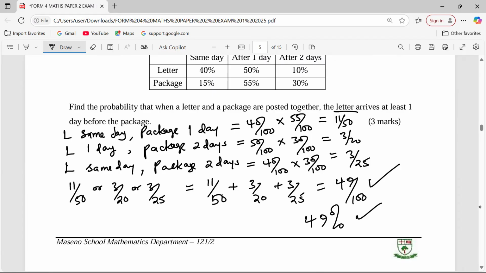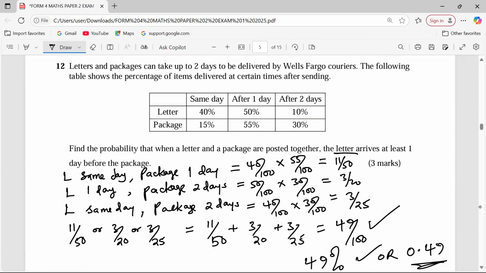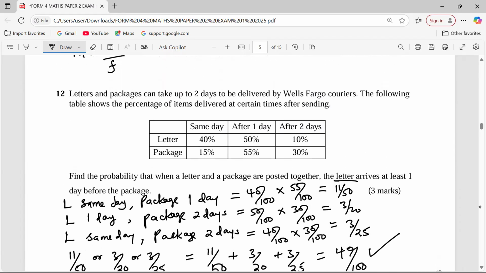It is an expression of probability. It can also be written as 0.49. So that's the probability. I hope the probability space has been properly analyzed.